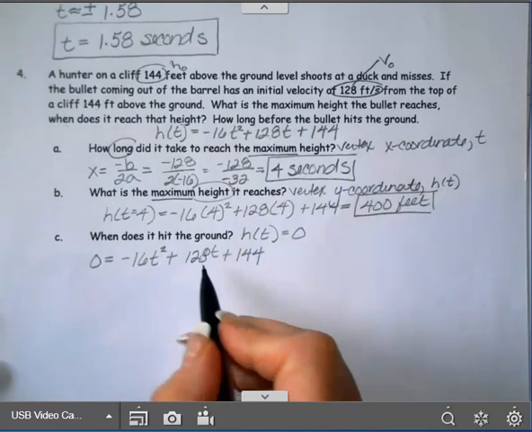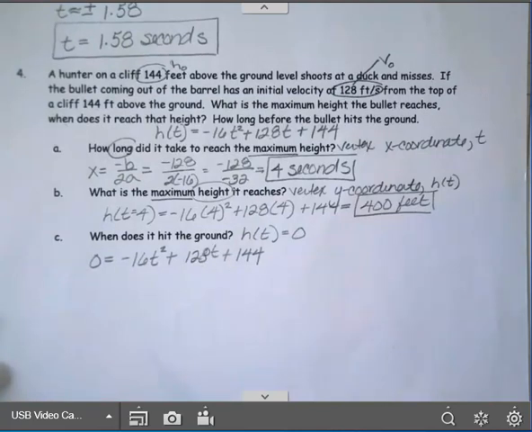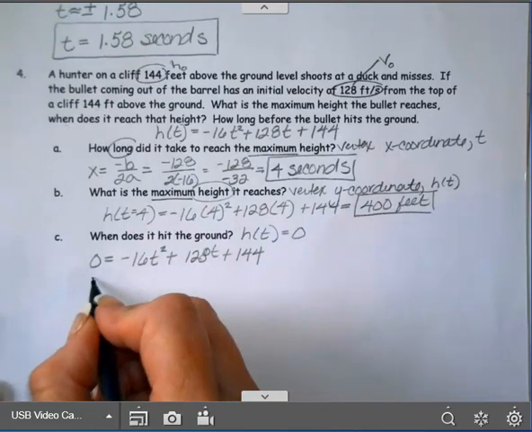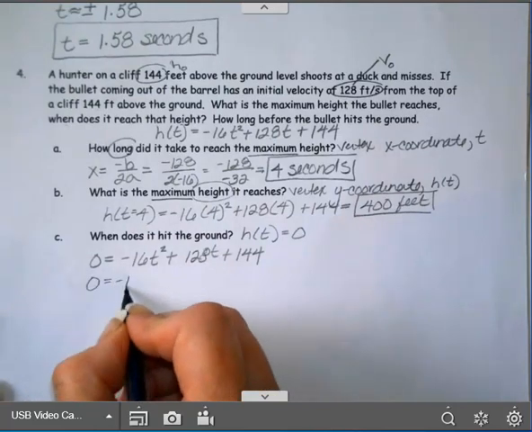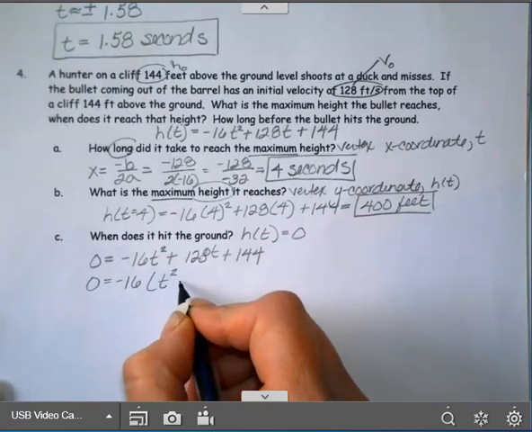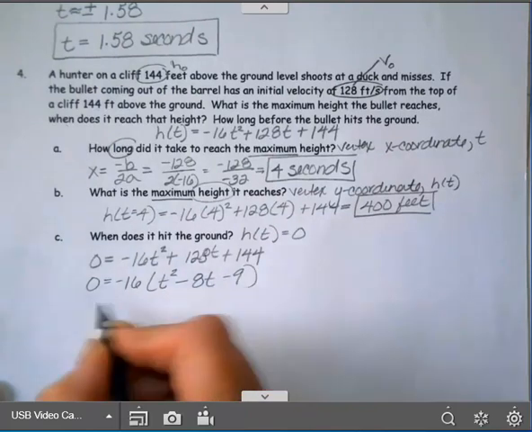I have a middle term, so I'm not going to use square root property. It does factor. If you don't want to try and have to figure out numbers that are large for factoring, that is okay. You can go ahead and use the quadratic formula. I do notice that these are all divisible by negative 16. So that will be t squared minus 8t minus 9.